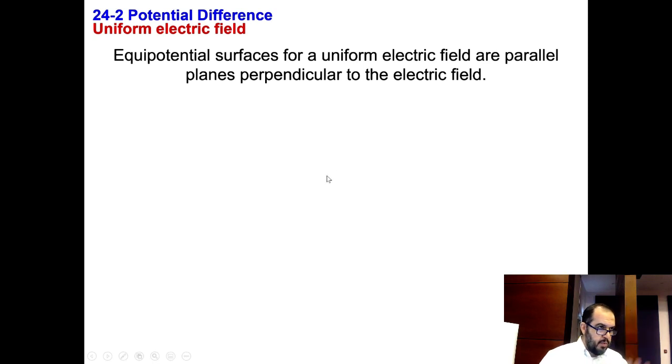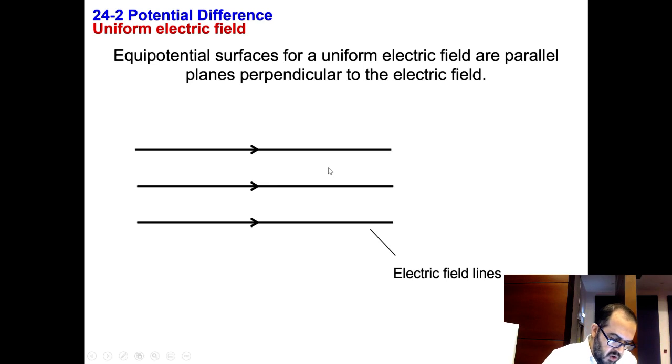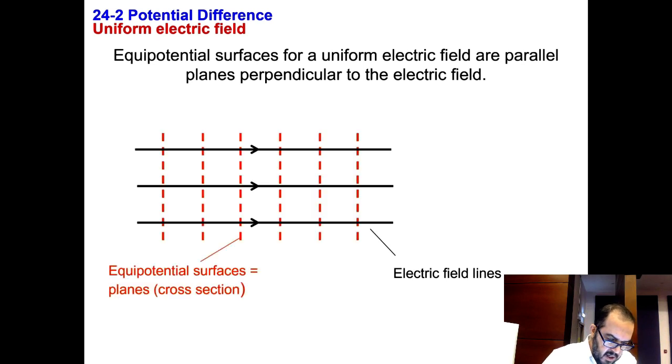Remember, we said equipotential surfaces are surfaces on which the potential V is constant, or the voltage is constant. So if we draw the electric field lines, we can draw the equipotential lines or surfaces, because you're looking at the side. These are now displayed as lines, but in reality they are surfaces if you go to three dimensions.